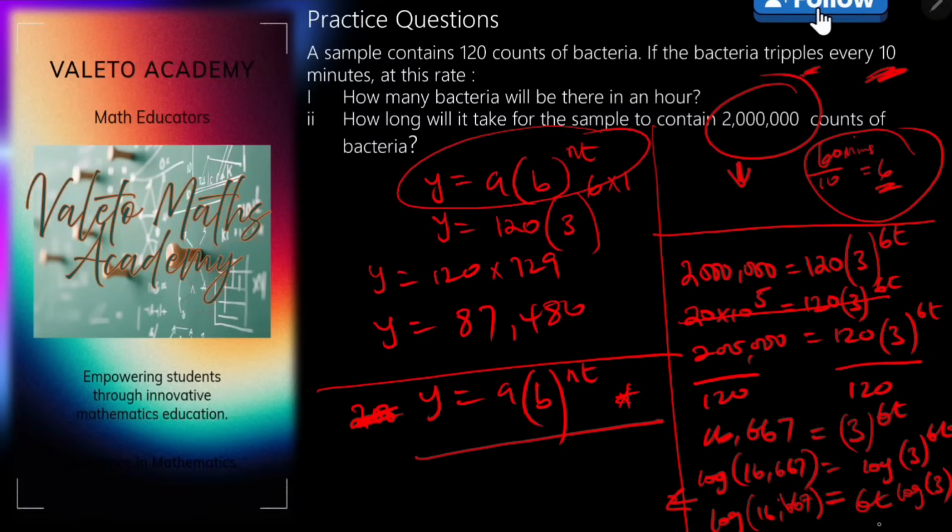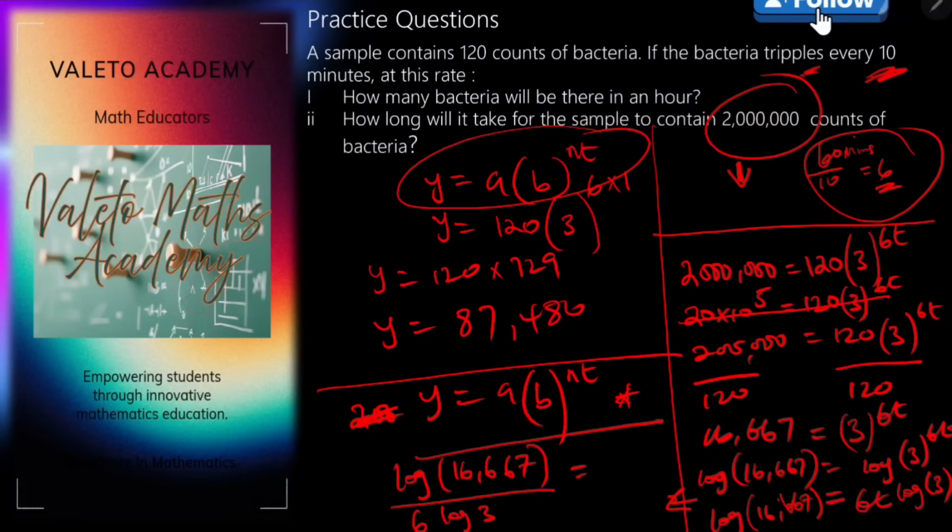So we can divide both sides by 6 log 3. And that will now give us log 16,667 all over 6 log 3. Okay?